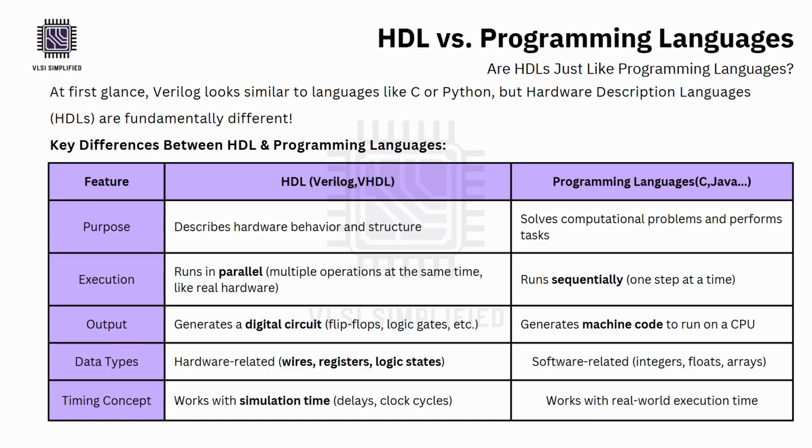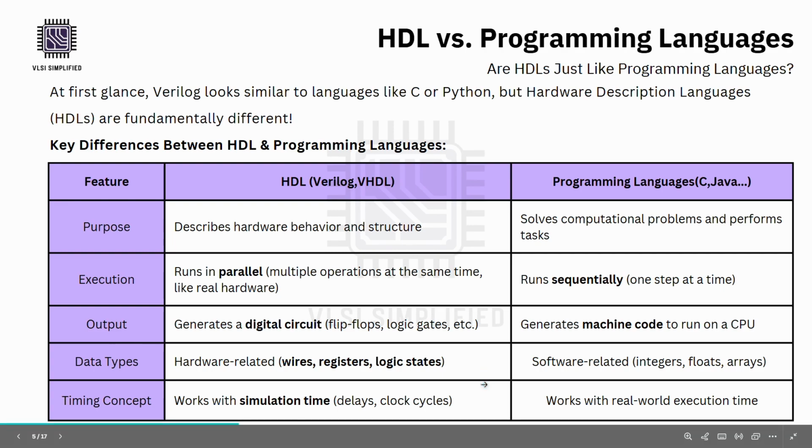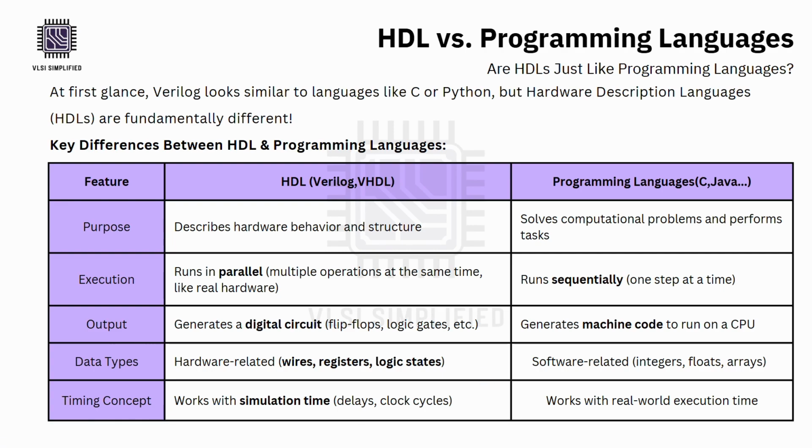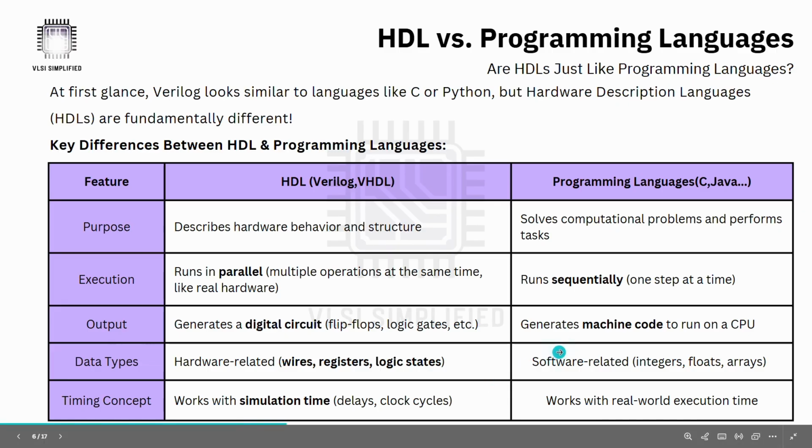HDLs deal with hardware-related data types like wires and registers, but programming languages deal with software-related data types like integers, floats and arrays. And most importantly, HDLs work with simulation time, modeling delays and clock cycles for accurate behavior. This parallelism and hardware focus makes HDLs a totally different mindset compared to traditional programming.